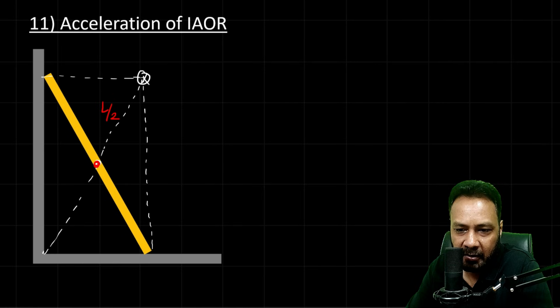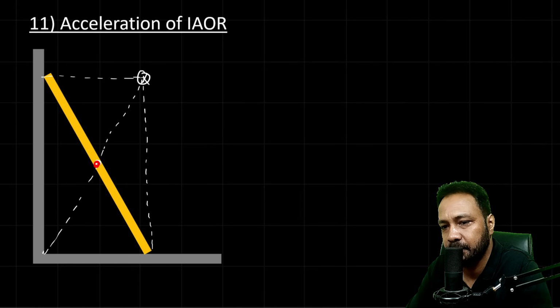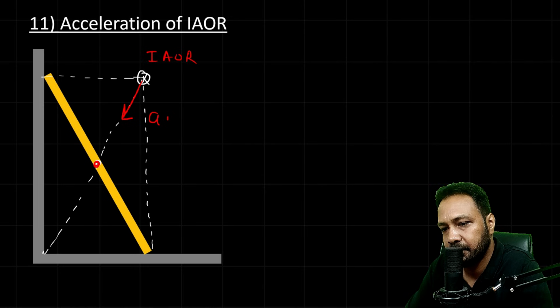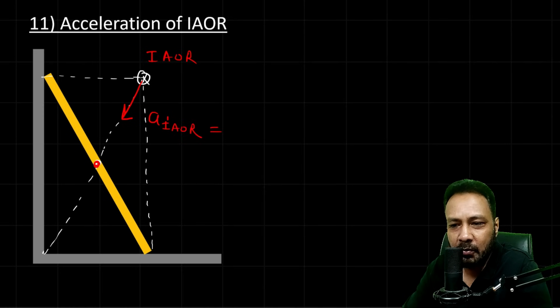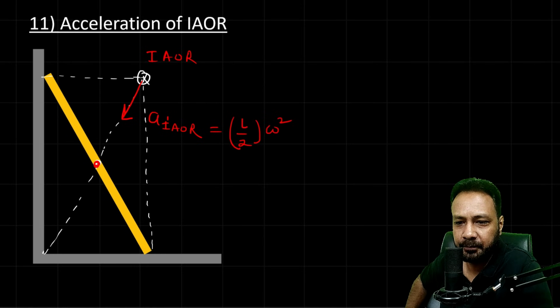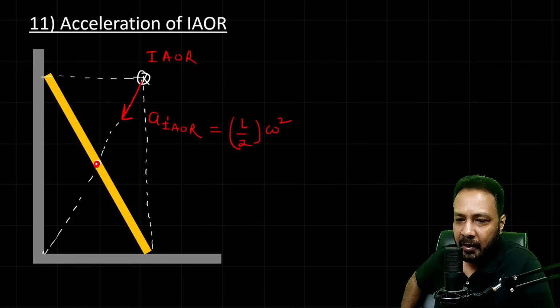I am just writing the direction. So the direction of the acceleration of IAOR, when you solve that, will be towards the center of the rod at all moments. And how much would that be? If you solve, you will find that would be also very good. That would be L by 2 omega square.